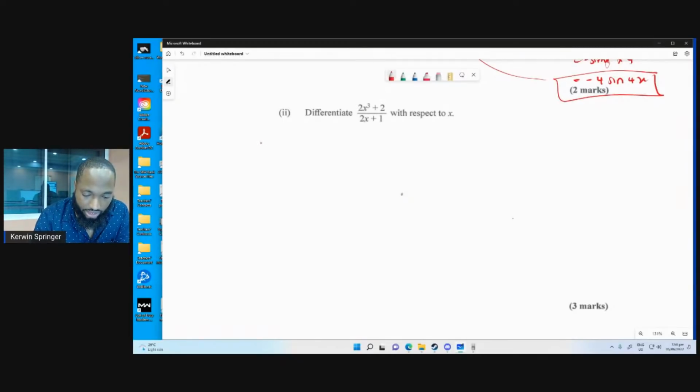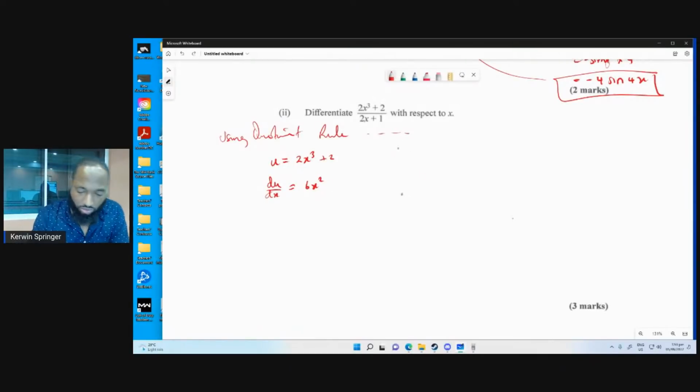I could say using the quotient rule, and I would state the quotient rule. u is equal to 2x cubed plus 2, so du dx, differentiating u with respect to x, would be 6x squared plus 0. And v is equal to 2x plus 1, so dv dx is equal to 2.